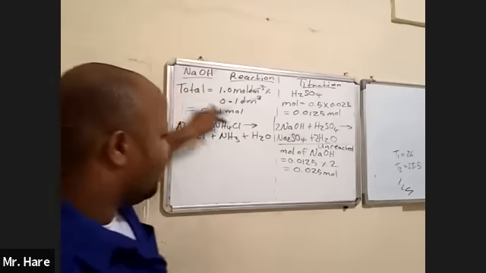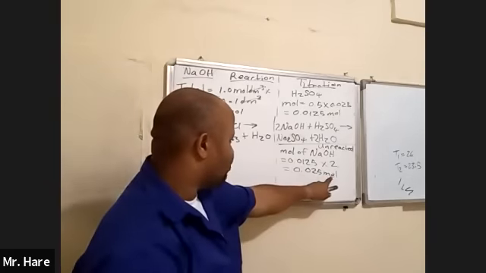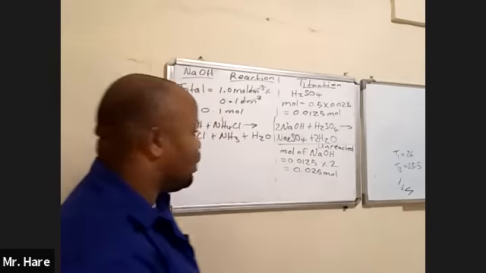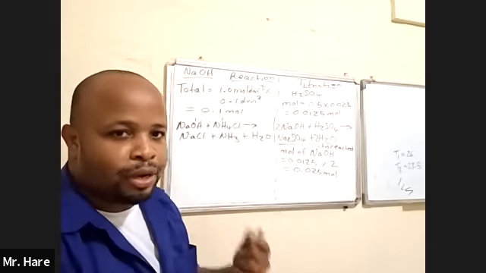All right. So we have the total mole of NaOH in the reaction, and we have the unreacted mole here. So how would we get the number of moles that actually reacted? Subtracting. Right, subtract.